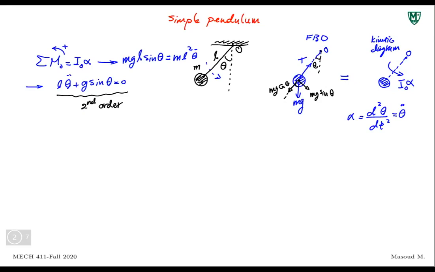But at the same time, it's nonlinear. If you remember from differential equations, this course is pretty much a combination of dynamics and differential equations. This is a nonlinear equation because we have a sine function, right? It's L theta double dot plus g sine theta. That sine makes this a nonlinear differential equation.